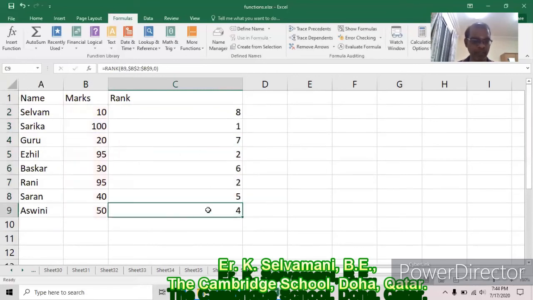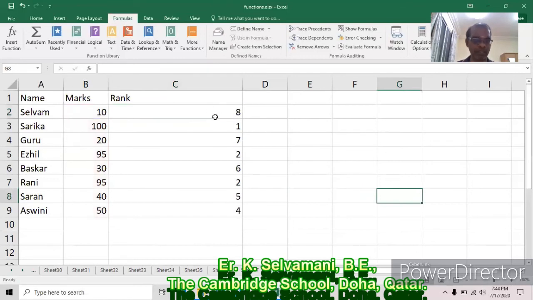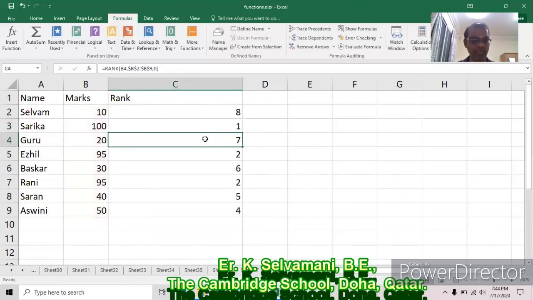Similarly, it will not change. So here in descending order, out of the range from B2 to B9, where will B2 come? Still 8. Here also, in descending order, out of the range of values B2 to B9, where will B3 come? First will come. Similarly, the same thing applies here.